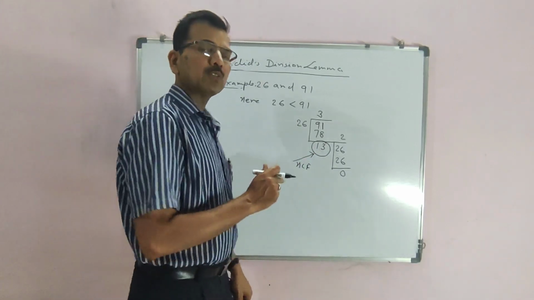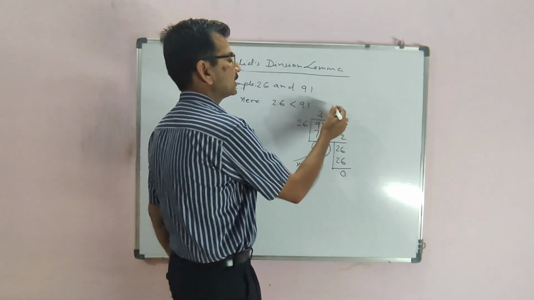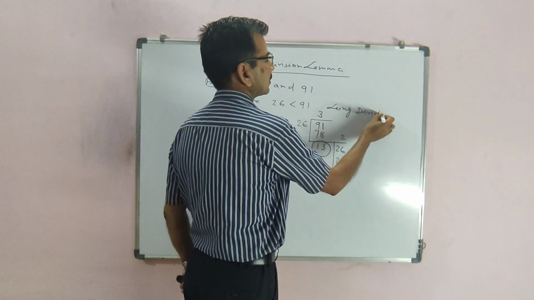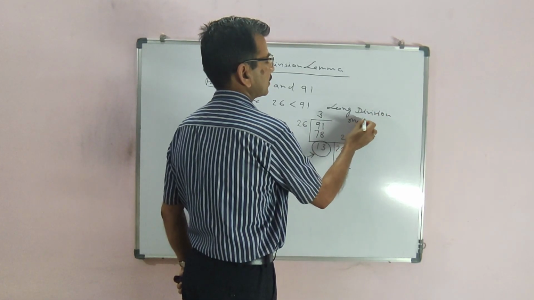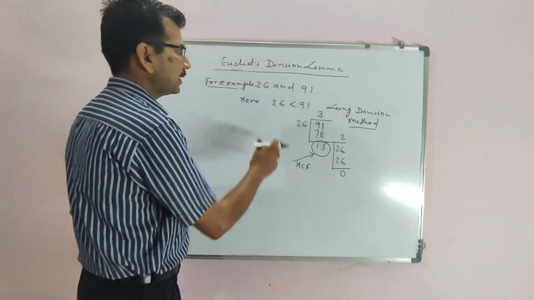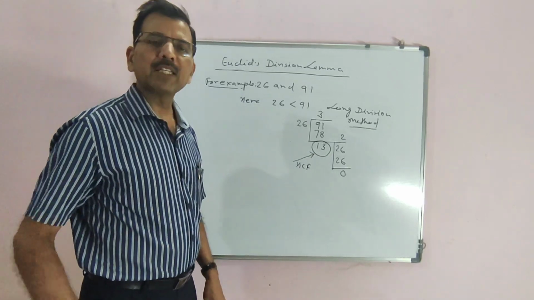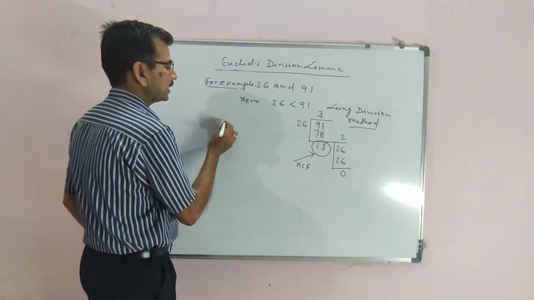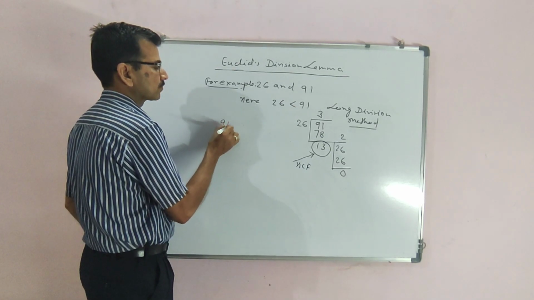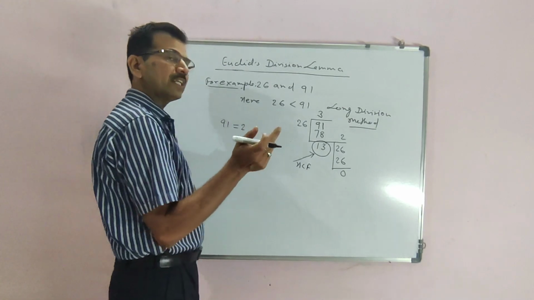Now I told you that I would correlate this with the long division method for finding the HCF. But by the Euclid division algorithm, which is a step by step procedure, we take this 91, and since 26 is the divisor, we have to get that form.